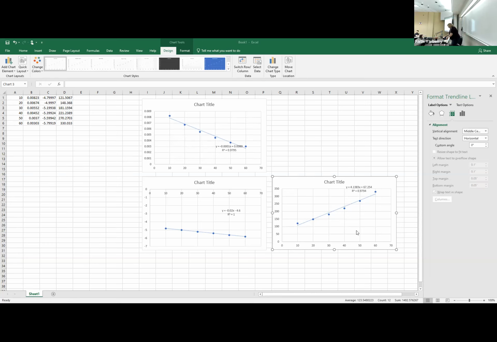So when I got this, once I decided what my reaction was, I got, with the R squared, it was again for the natural log of A versus time. And it gave me an R squared of 1.